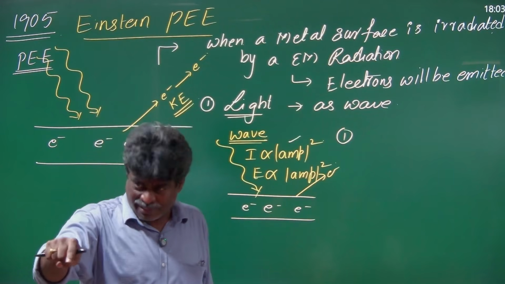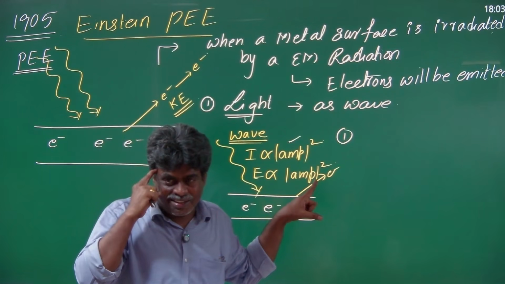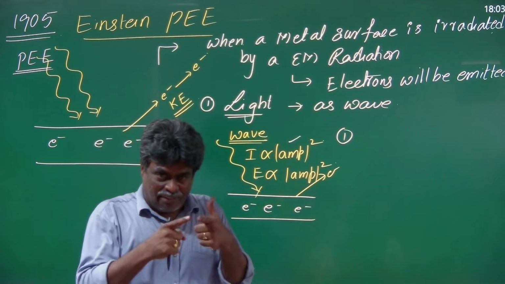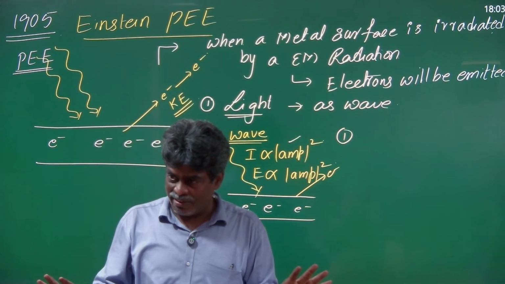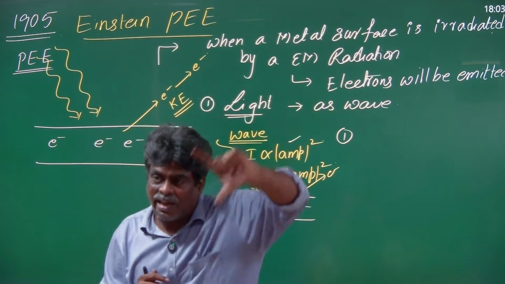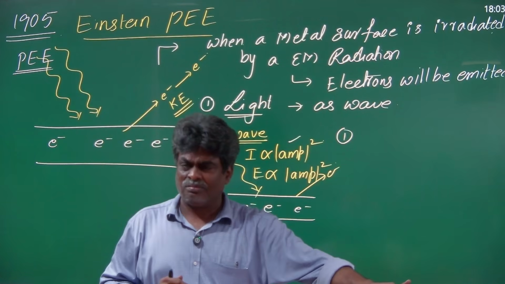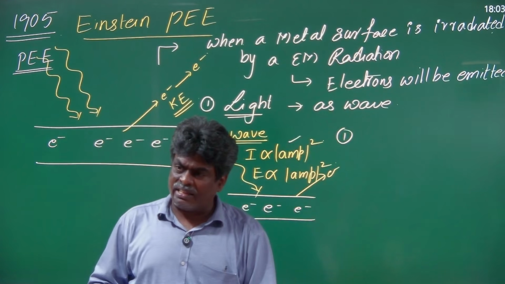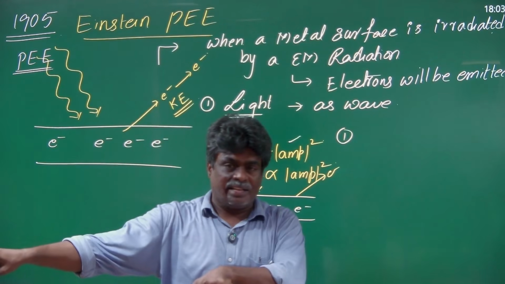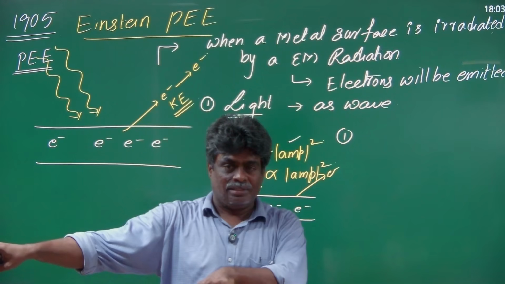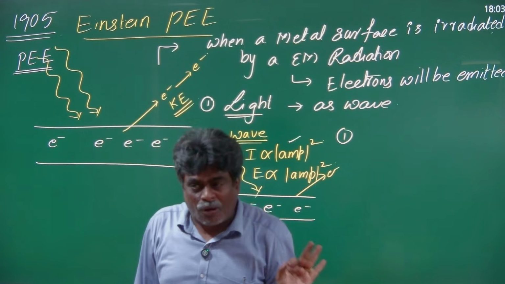If light is a wave, are you understanding what I am saying? If light behaves like a wave, purely wave behavior, then if you are sending a high intensity light, means you are sending high energy. Say yes or no? If you are sending high energy, the electron must go with high kinetic energy. If light behaves like a wave, you will accept it or not?